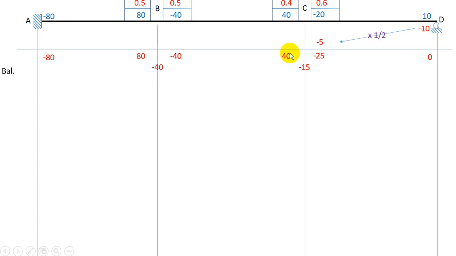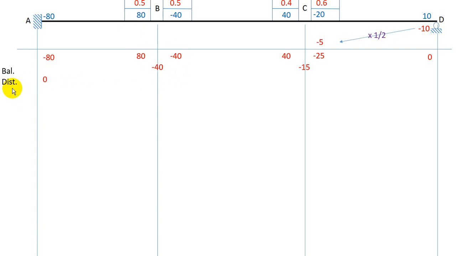And here again 40 minus 25 is a 15 kilonewton meter of clockwise nature, and to balance that moment, my beam has to provide a minus 15 kilonewton meter of moment, that is of anti-clockwise nature.